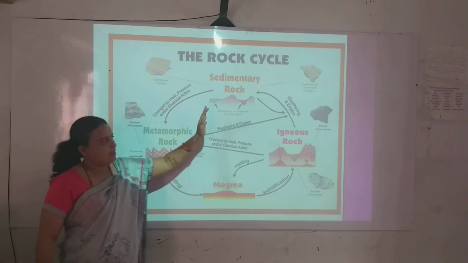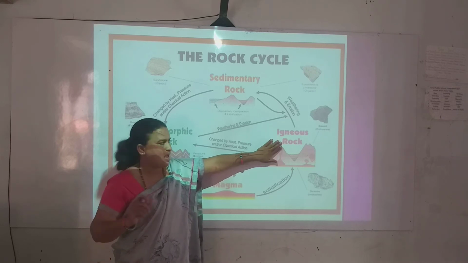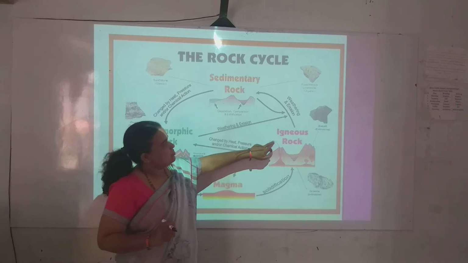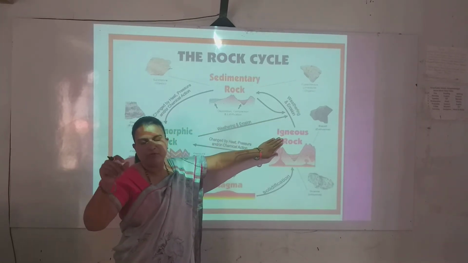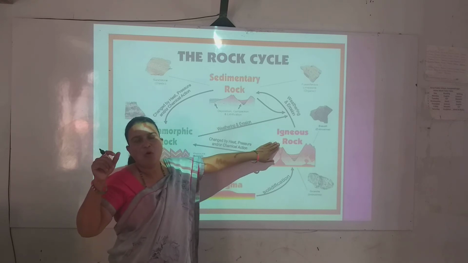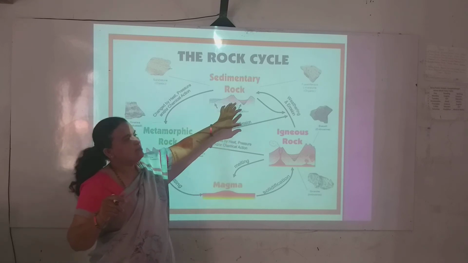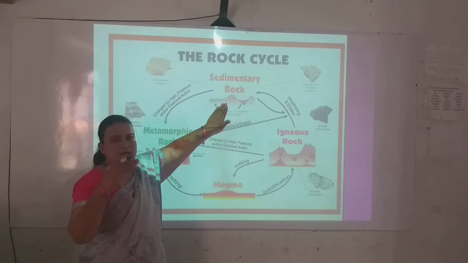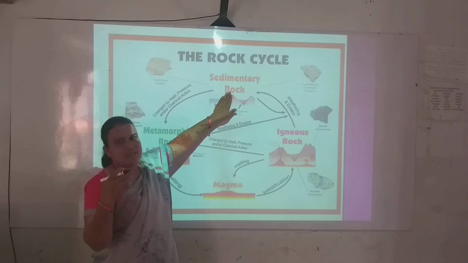Here in the rock cycle, we can see igneous rock is called parent rock or primary rock. These igneous rocks, due to weathering and erosion with the help of wind and water, form sediments which settle at the bottom, and these sediments, under heat and pressure, form sedimentary rocks.